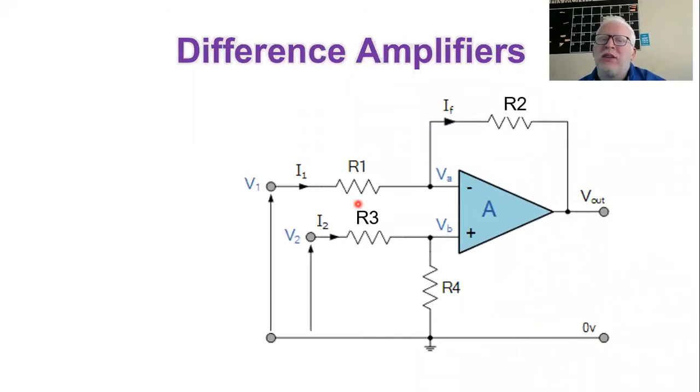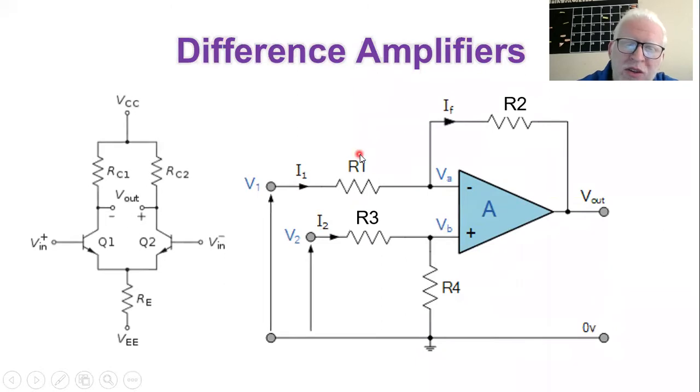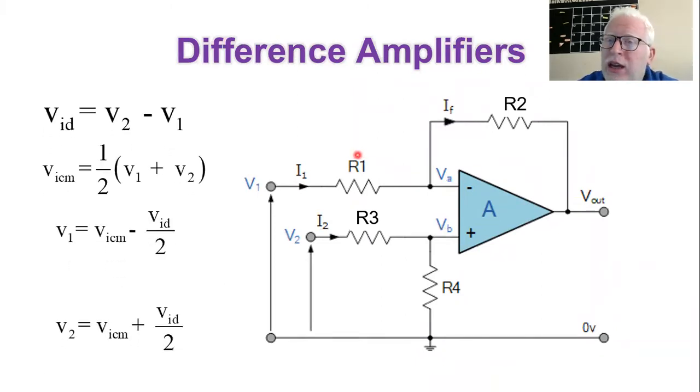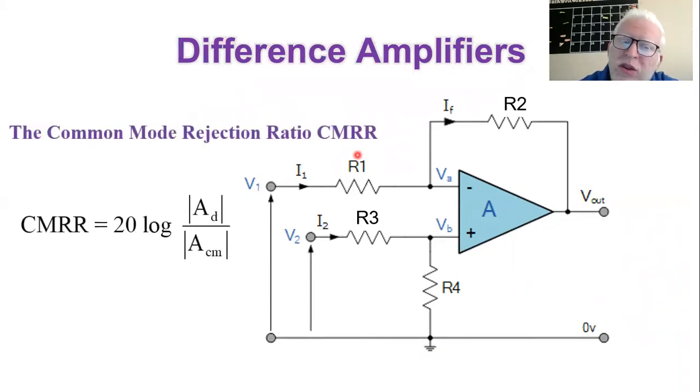Then we turned to another circuit, the differential or difference amplifier, where we have two inputs, one inserted to the inverting input and the other to the non-inverting input. We introduced the common gain and the differential gain, and the common mode rejection ratio, or CMRR, as the ratio between the differential gain and the common gain.